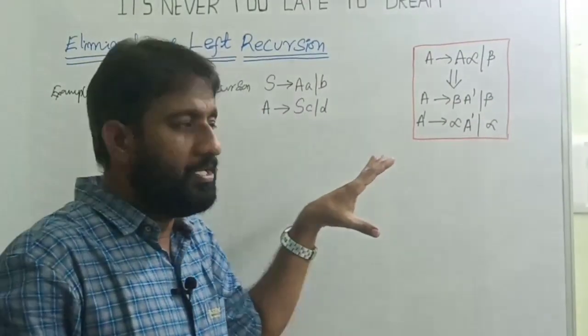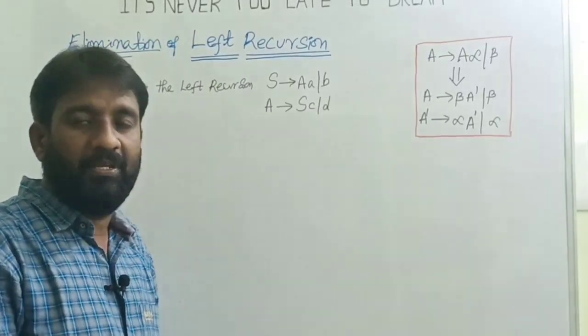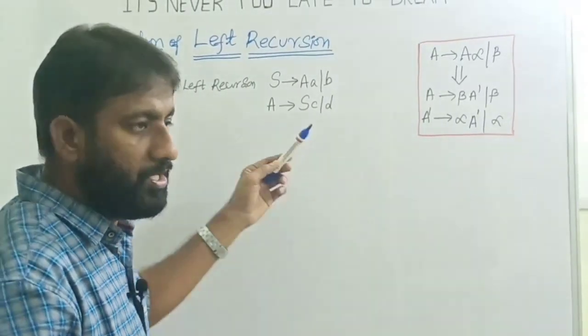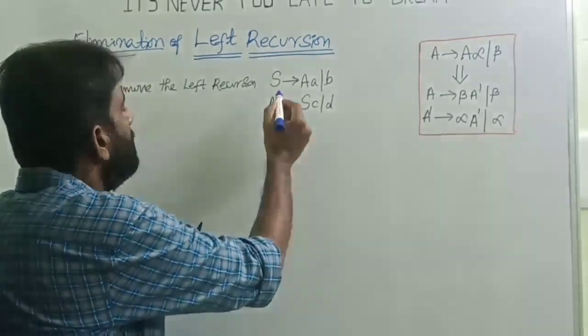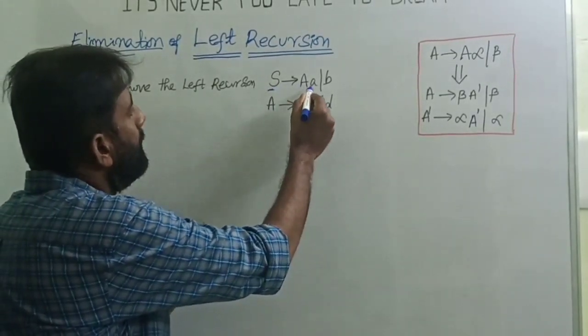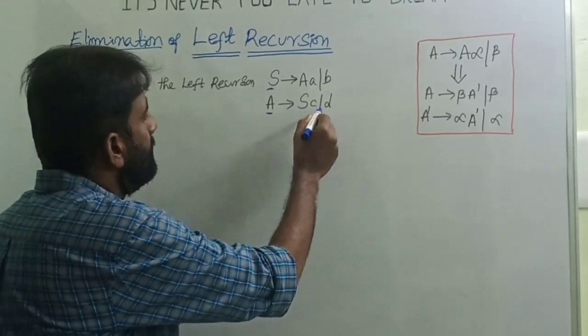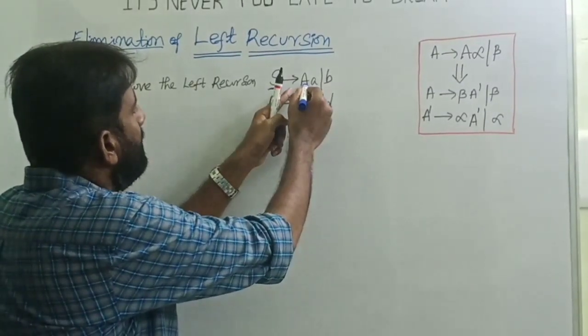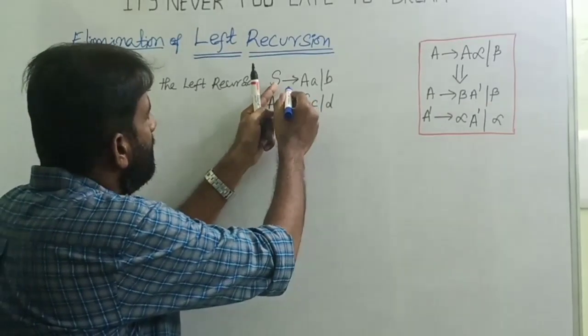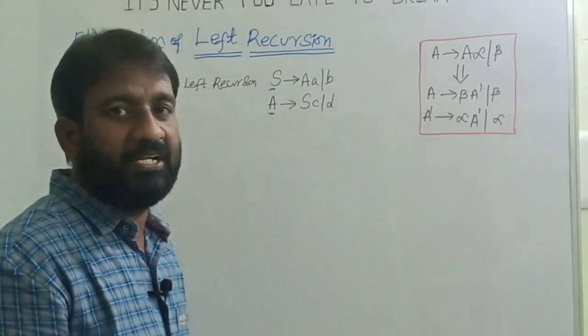Okay, now take this other example, for indirect left recursion, not direct left recursion. S tends to A slash B, then A tends to S C slash D. If you replace S with its production, S C is repeated, so it is indirect left recursion.